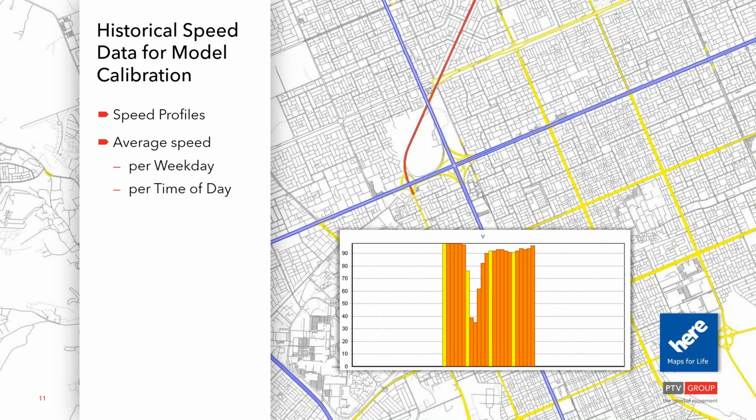So that is then linked to every link element in the road network, so that you have this average speed per weekday and per time of day.